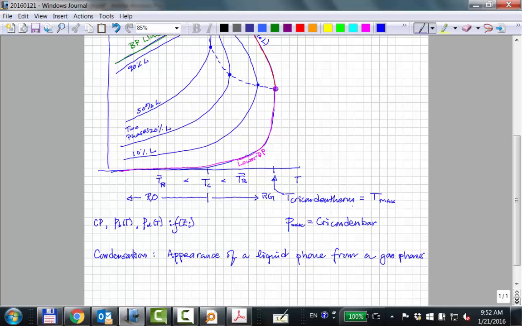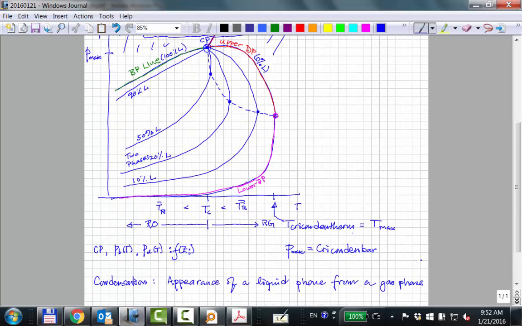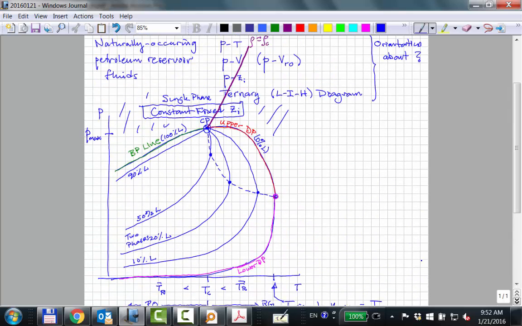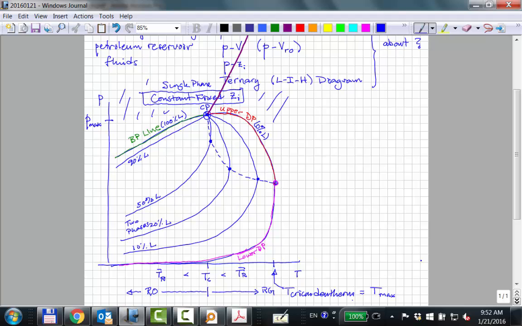And so if we just take some temperature, it can be any temperature in this region over here. If our reservoir, let's say our reservoir initial pressure was up here, okay, and we're dropping the pressure by producing out, and then we hit the dew point, right?